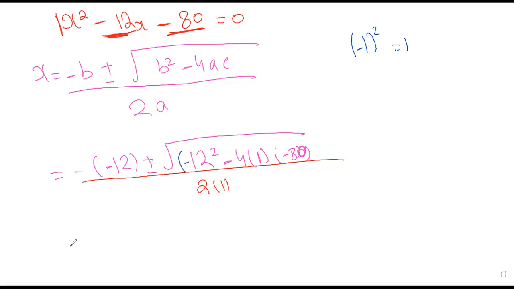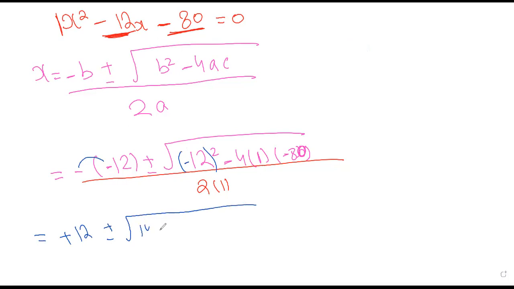So it would be minus into minus, plus 12, plus minus under root 144. 4 into 80 is 320, so minus into minus gives plus 320, divided by 2. And again, you just have to simplify it.